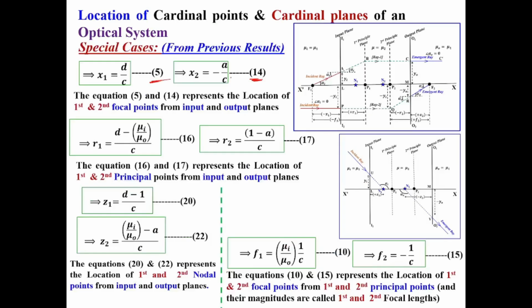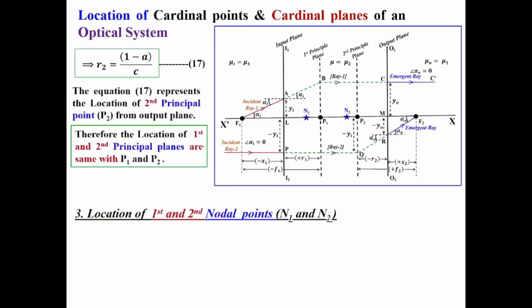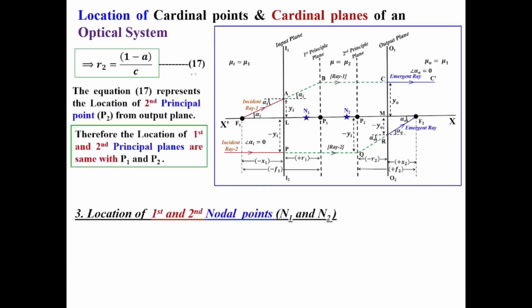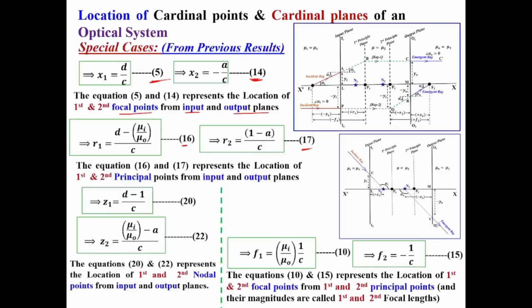Equation number 5 and 14 represent the location of first and second focal points from input and output planes. Then equation number 16 and 17, that is your R1 and R2. This one is equation number 16, R1, this is your equation number 17. These equations, 16 and 17, represent the location of first and second principal points from input and output planes.